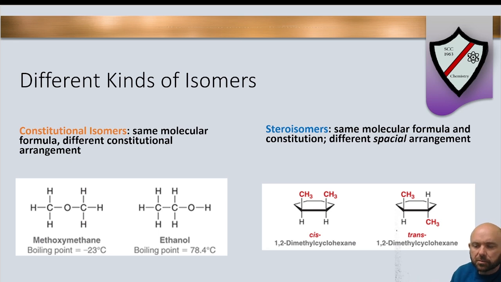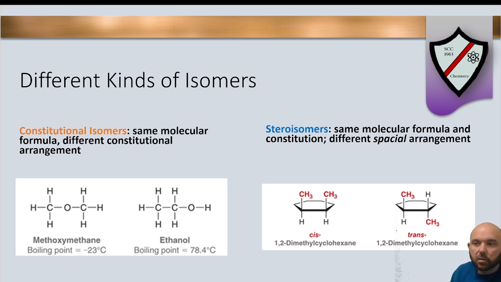We've got a good example here in cis and trans 1,2-dimethylcyclohexane, which we took a look at at the end of the last chapter. If you went around and tried to draw out a connection of these atoms to each other, you would find that they're all connected in the same order. However, these are different molecules.